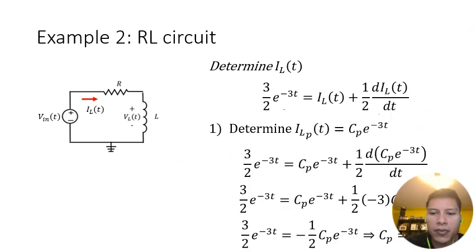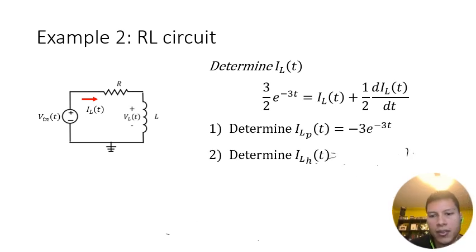Okay, so here we found what CP was, and now we're going to go ahead and find the homogeneous solution. So to find the homogeneous solution, we first have to solve the characteristic equation. For this particular circuit, I'm going to do it symbolically first.